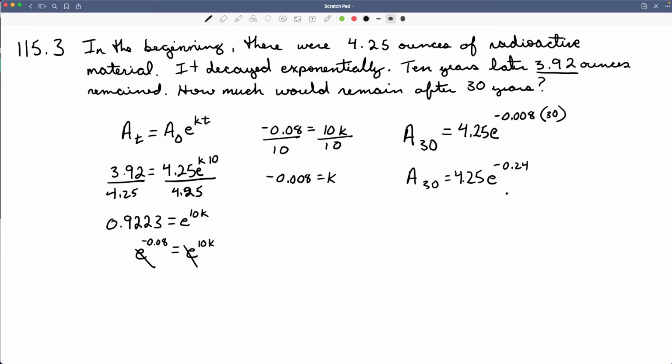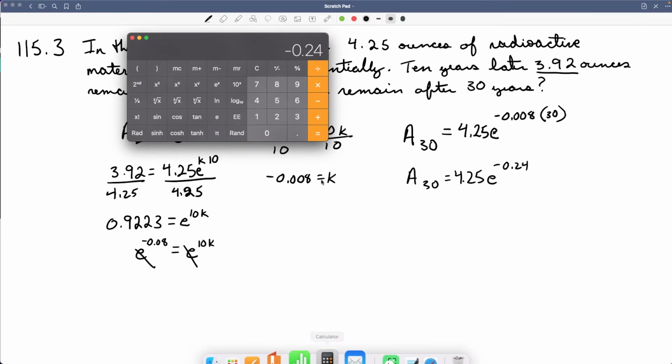All right, so now I find the inverse function of this. I could have just left that up, 0.24 negative, and I'm going to do the e to the x here. That's my inverse operation.